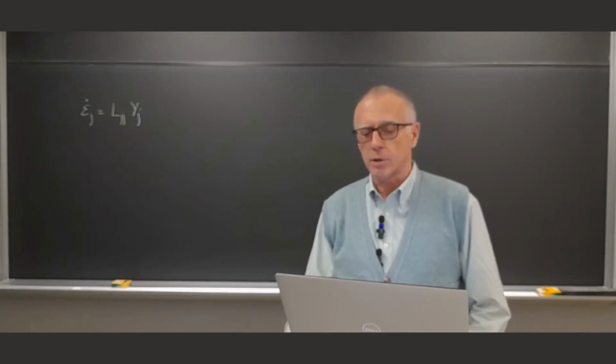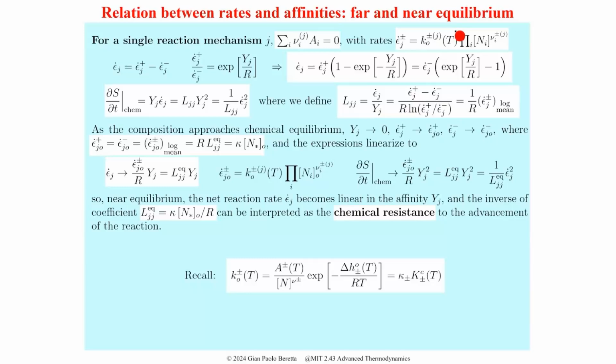That it is not linear because the LJJs depend on the affinities and depend on a bunch of other stuff. Nevertheless, this ratio, this L, proportionality constant between rate and affinity, can also be viewed as, if you do the substitutions, except for the gas constant, the denominator is the logarithmic mean of the forward and the backward reactions. Okay.